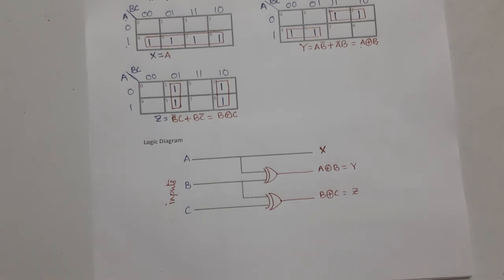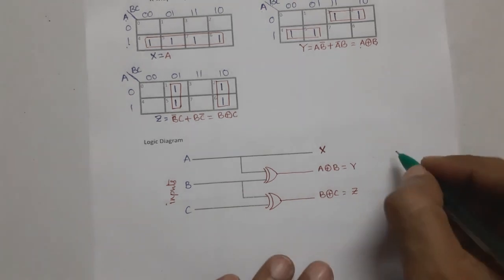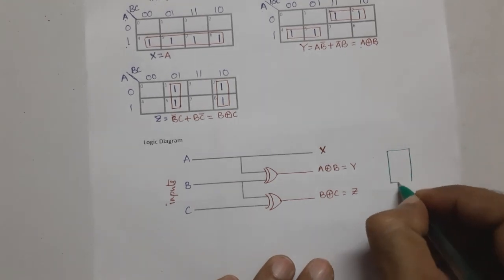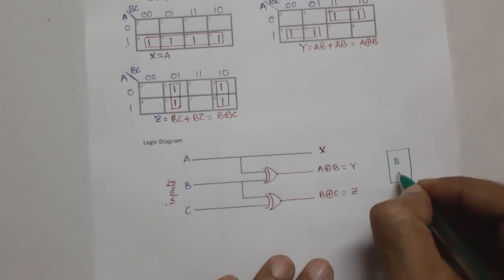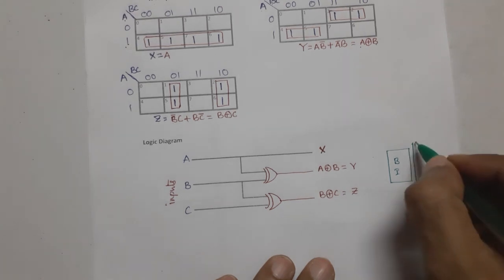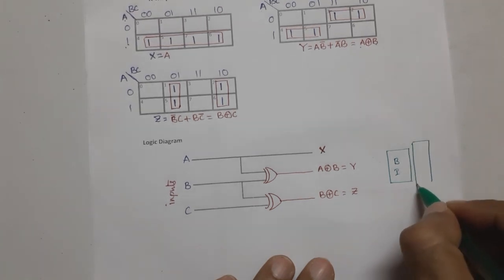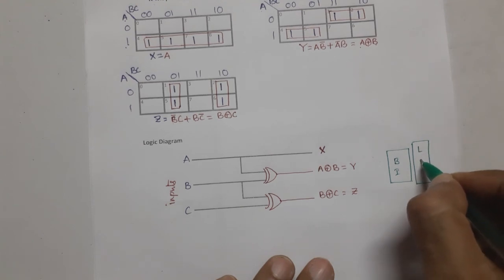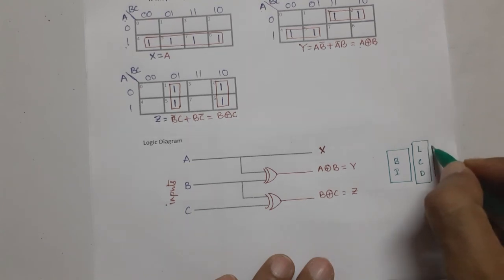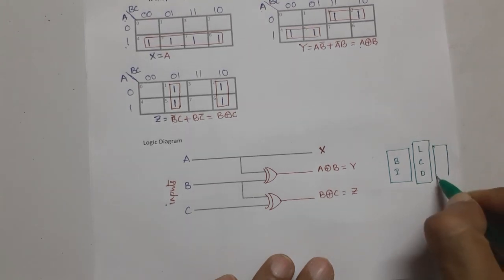Now you wanted to convert a binary number to a gray code. The procedure is, here you have a binary input, and this logic circuit diagram is here, and this is the output, which is a gray code.